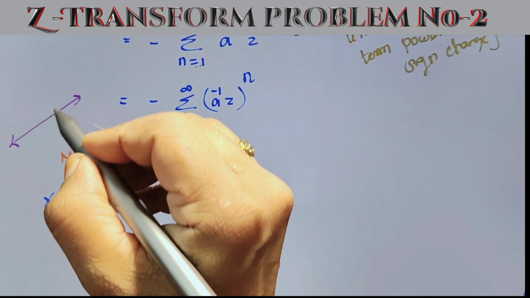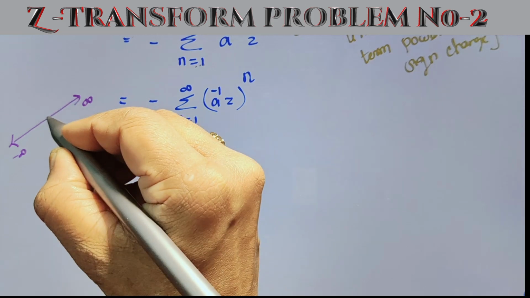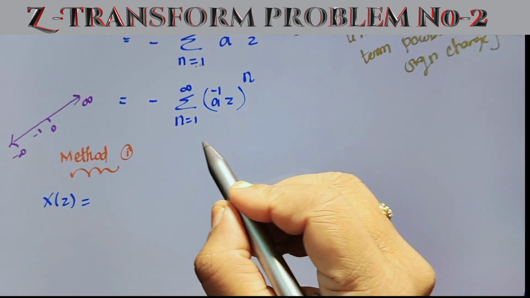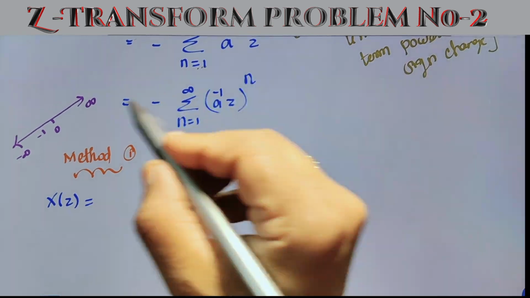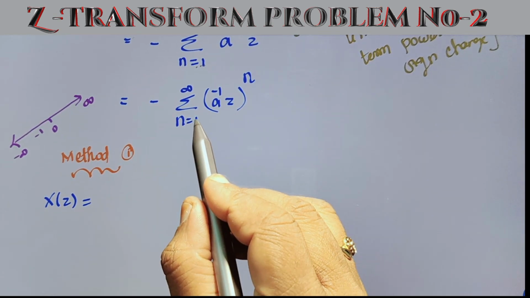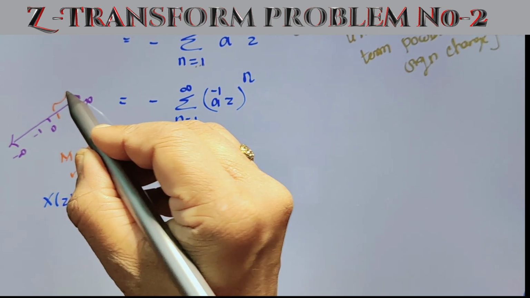This is for the positive part, this is for the negative part. This is for 0. This is for minus 1. Here, for the second method, change into positive, so total 1 to infinity.